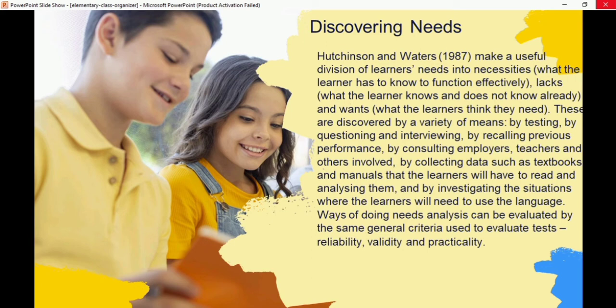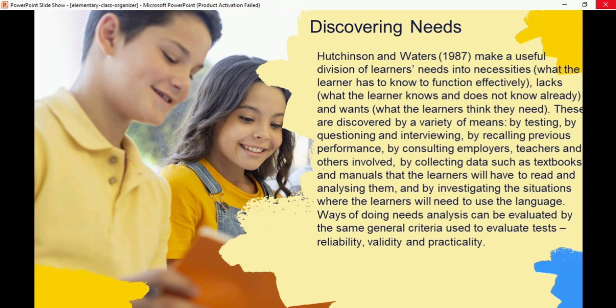These are discovered by a variety of means: by testing, by questioning and interviewing, by recalling previous performance, by consulting employers, teachers, and others involved, by collecting data such as textbooks and manuals that the learners will have to read and analyzing them, and by investigating the situations where the learners will need to use the language.